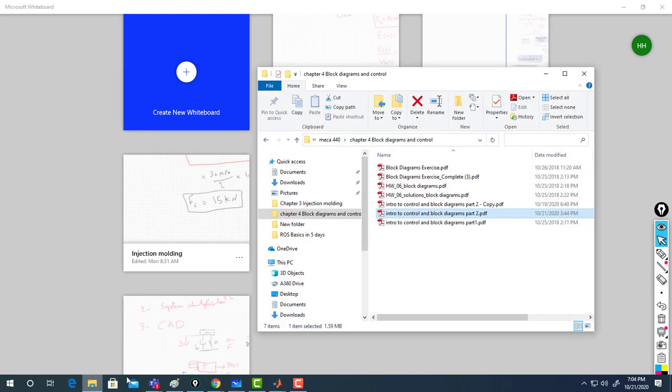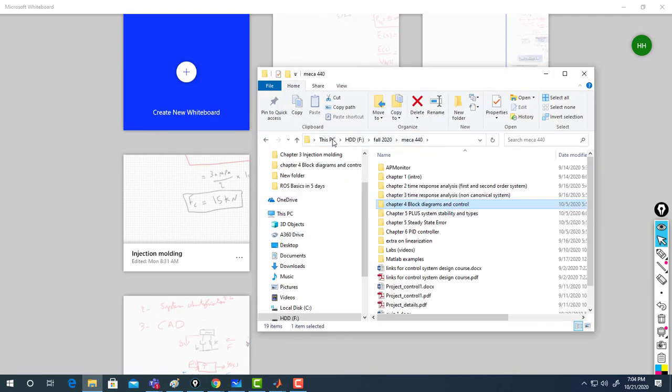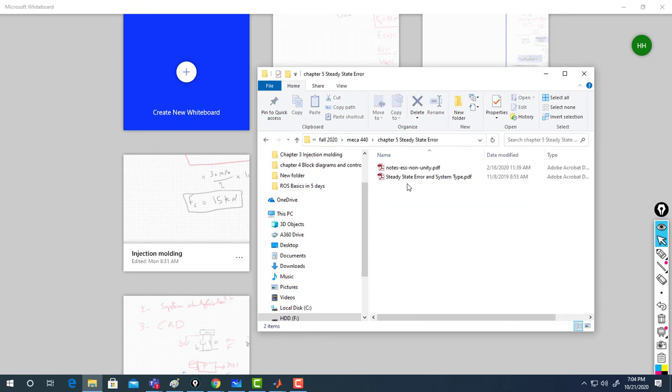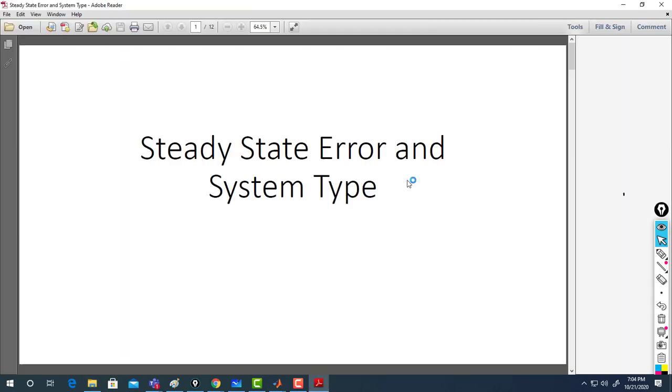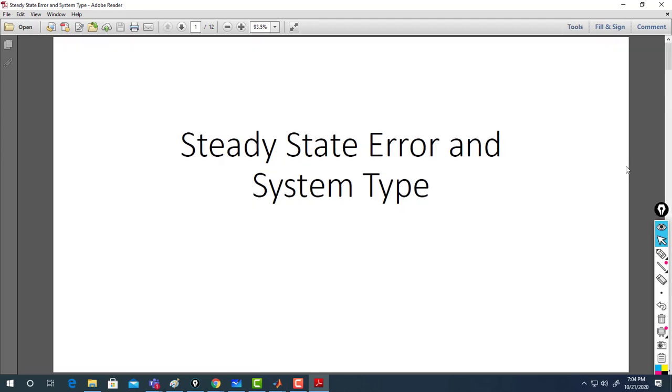We still have 15 minutes on a very small chapter, which you will find you already know. I'm talking about steady state error. Steady state error is something you know, but I'll make it more structured. And system type is a new thing you will learn.